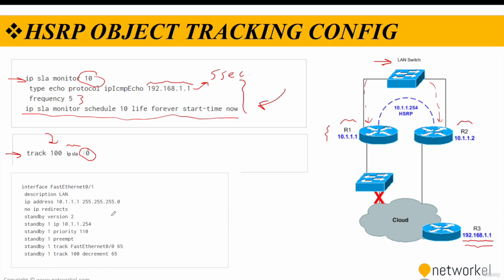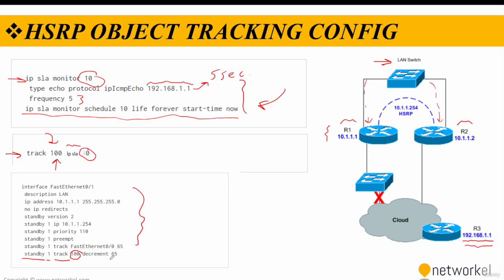Okay, and then in my HSRP configuration, I am doing this configuration this time. Standby 1 track 100. 100 comes from here, whichever I'm using to track the IP SLA.